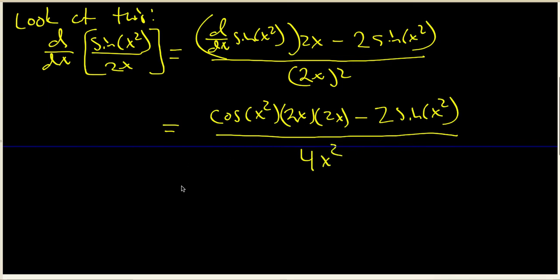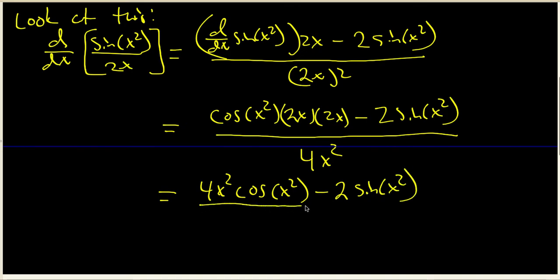And now I simply need to clean this particular derivative up. This is going to be 4x squared times the cosine of x squared, minus 2 times the sine of x squared, all over 4x squared.